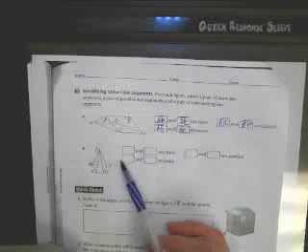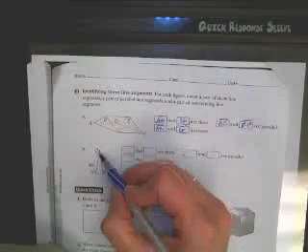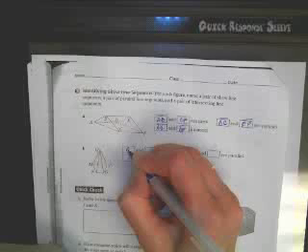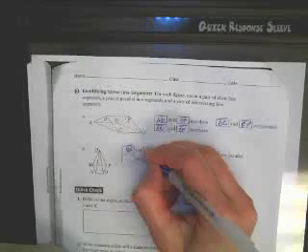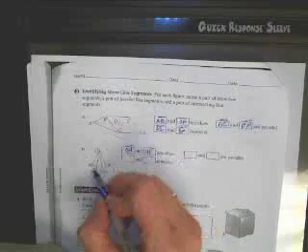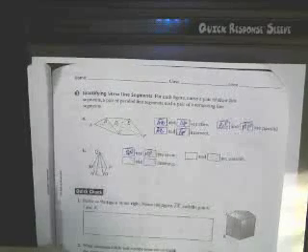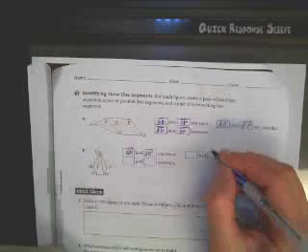Okay, what are some skew lines in B? QN, okay, so segment QN is skew to segment MP. MP is this back one right there.